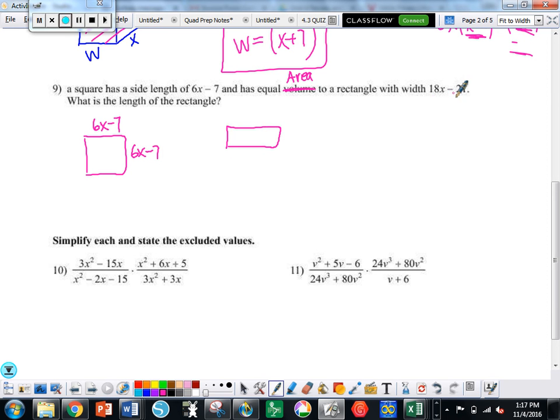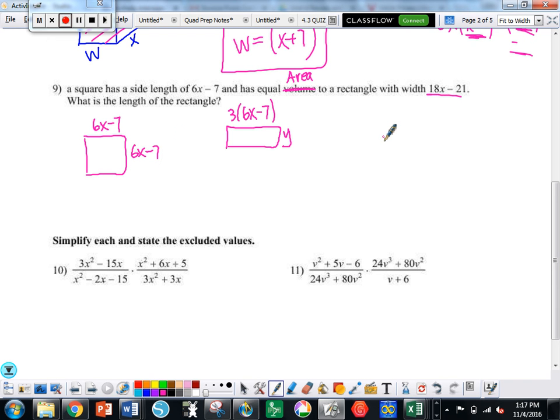Now, as I do this one, I'm going to factor out a 3. So 3 times 6x minus 7. Notice, convenient, that again happens often. What is the length of the rectangle? So we need to find that. Again, a different variable. I don't know if they are the same or not. I don't know if it's x.